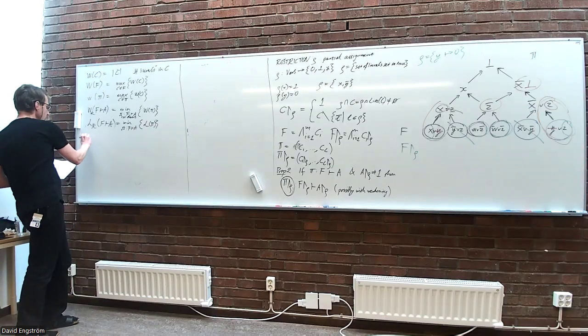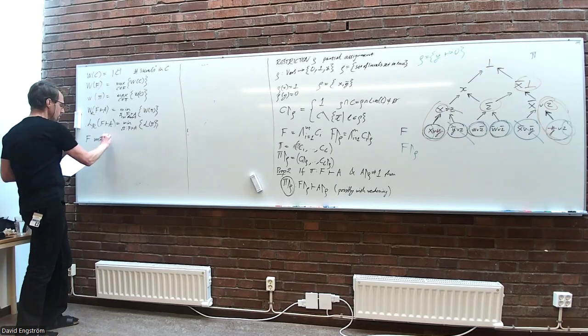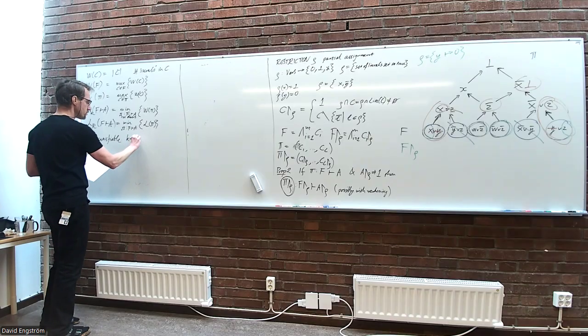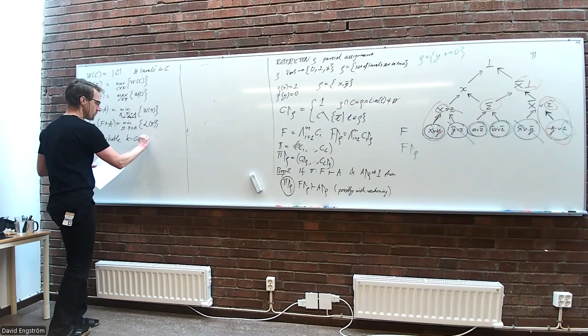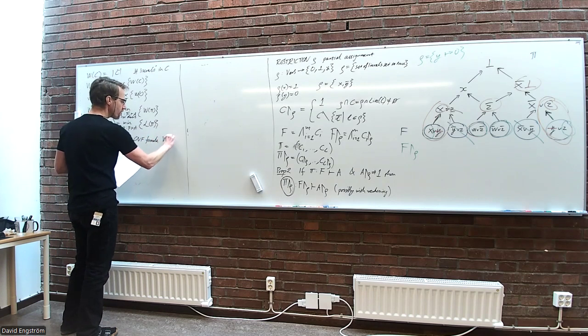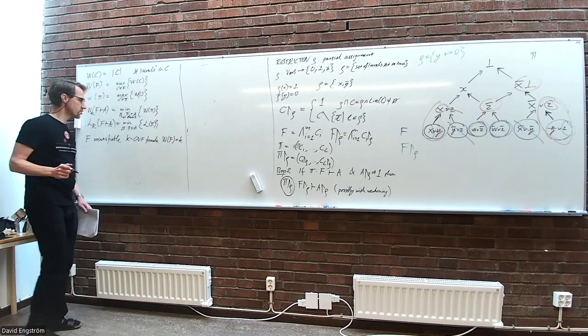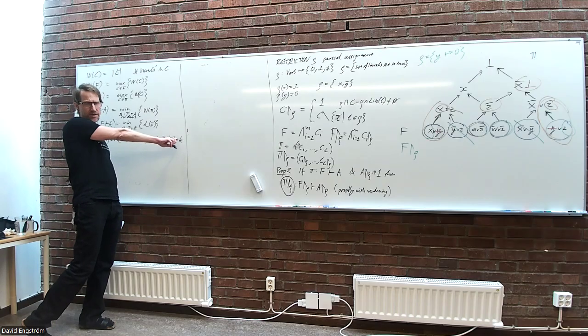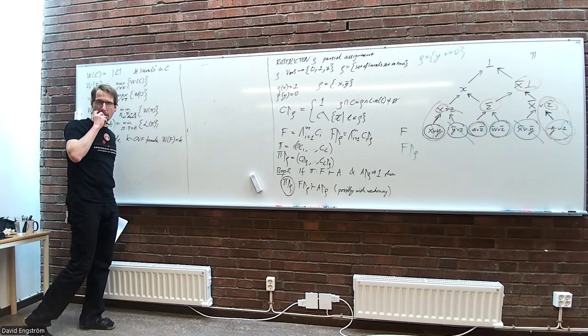From now on, let F be an unsatisfiable k-CNF formula, meaning that the width of F is, let's say, at most k. I don't care so much; just for today, k is not necessarily a constant.